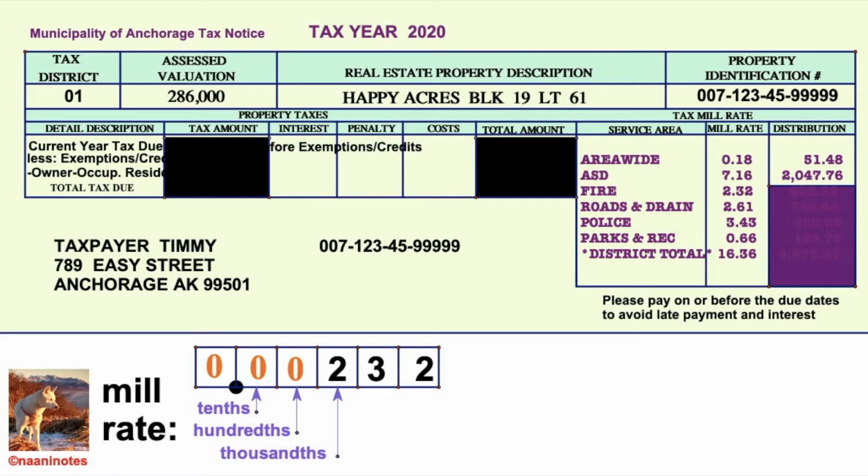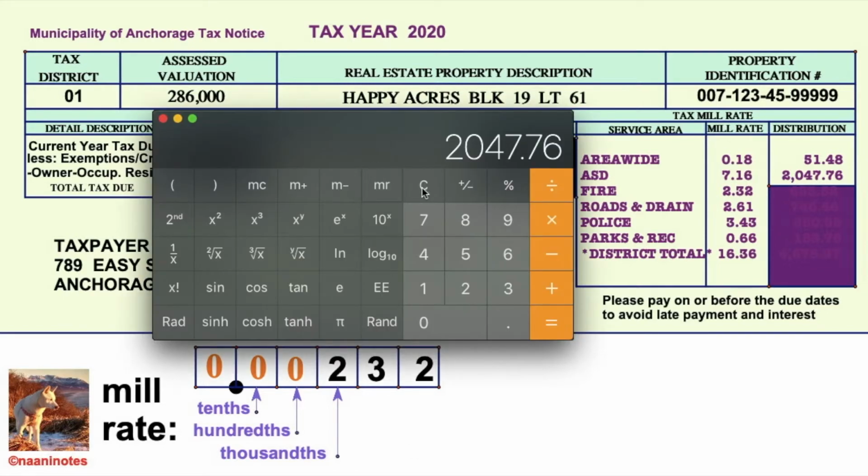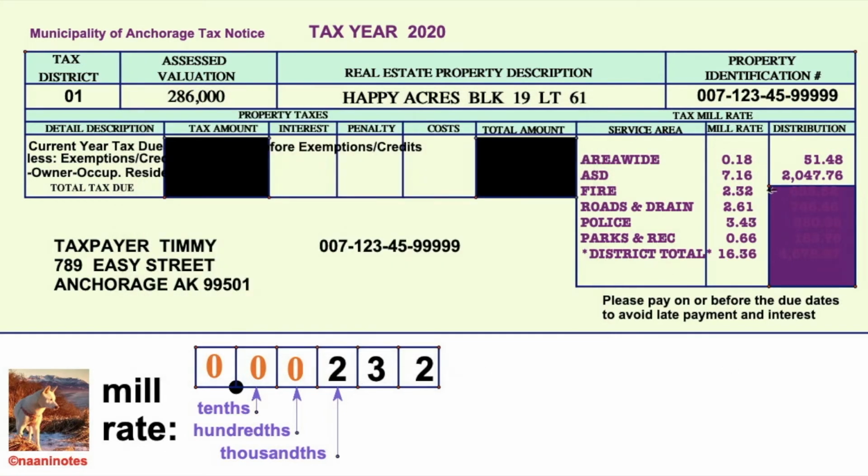I guess we're getting the hang of this. Clear that out there, and I'm going to say memory, and I'm going to multiply times 0.00232 equals 663, and let's see, we're going to move that down here. Oh, we're really doing okay. So you kind of got some momentum now, huh?